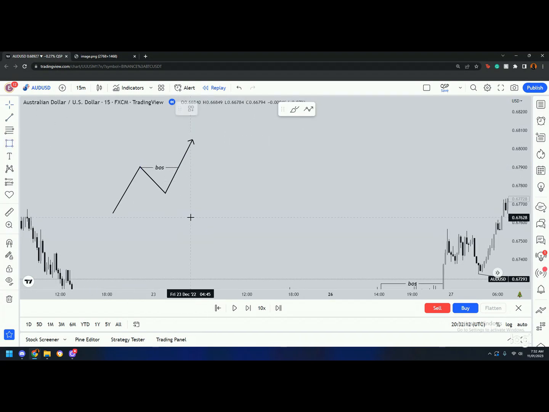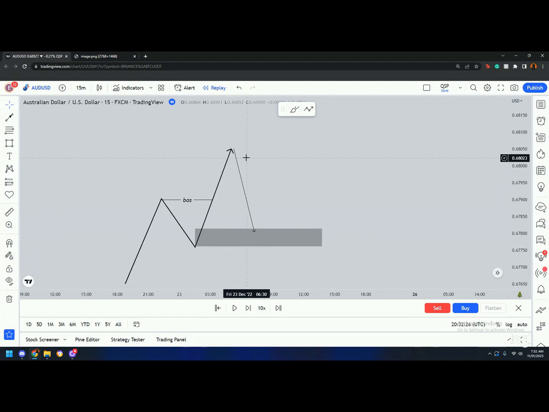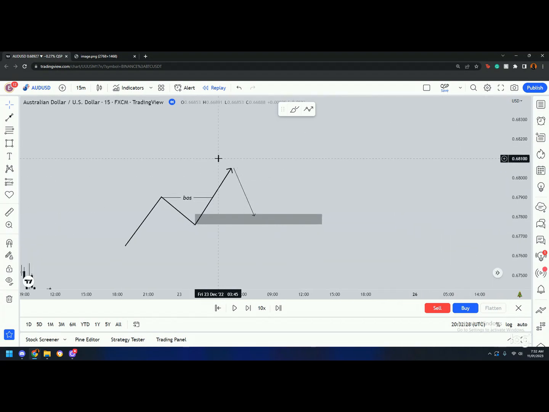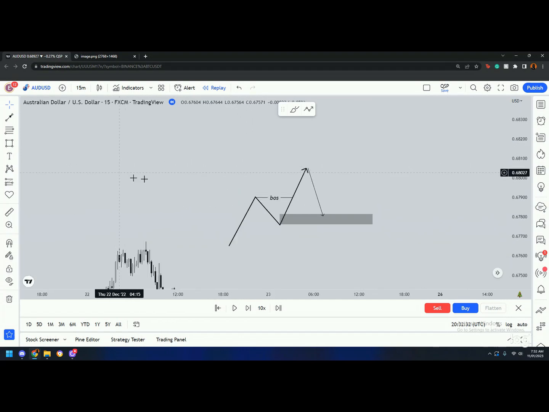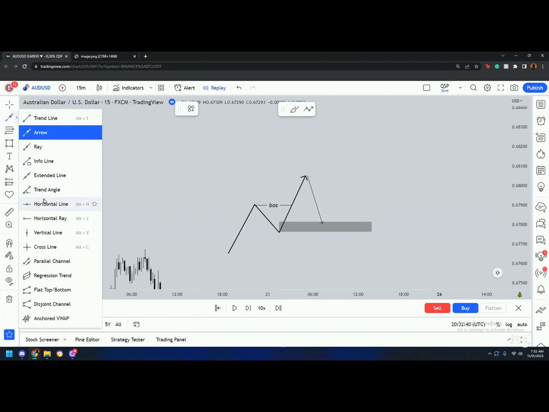Then it left out this little demand zone here. Now on the 4 hours, we're waiting for price to go down here. But while we're waiting, if you zoom in into the 15 minutes, the 3 minutes, the 1 minute, you can look for shorts into the zone. If price has previously reacted off a little supply zone here, like an internal supply zone, not a major one, it could be like this.